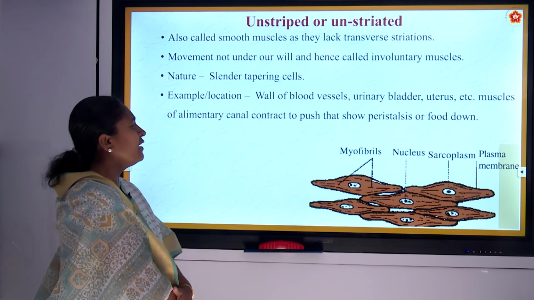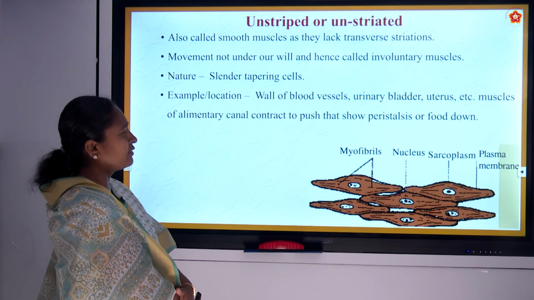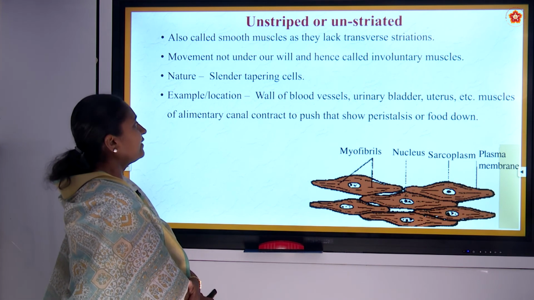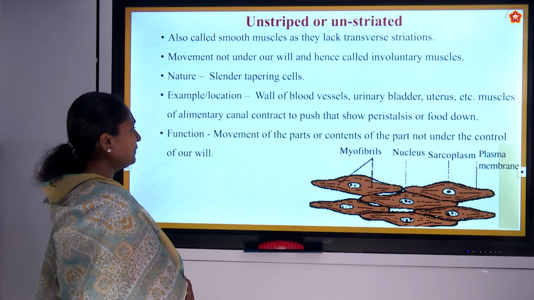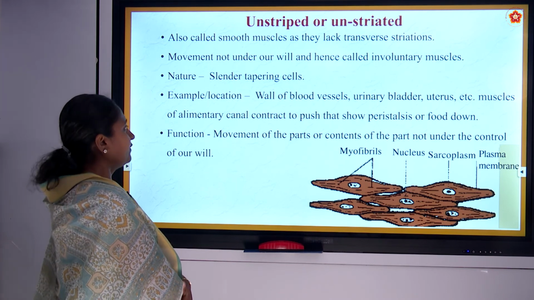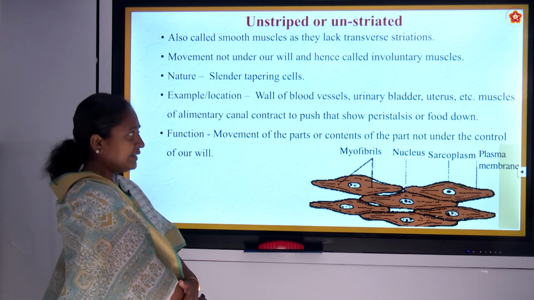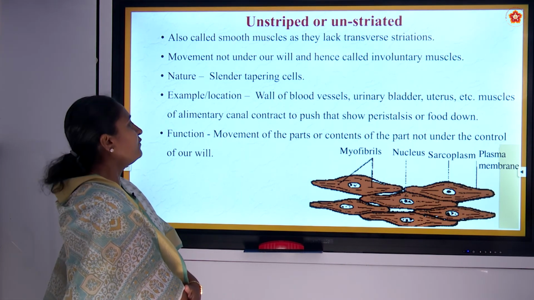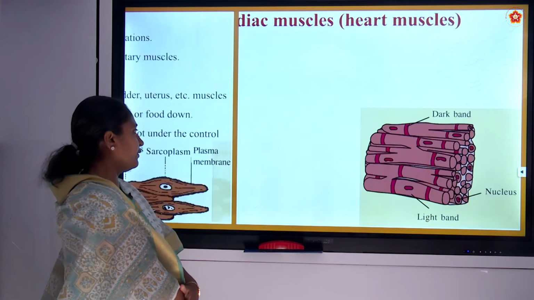So this peristaltic movement of food particles towards the lower part of the alimentary canal is taking place because of the unstriated muscle. The main function is movement of the contents inside our body or any part of our body which we cannot control. It is not under our control.